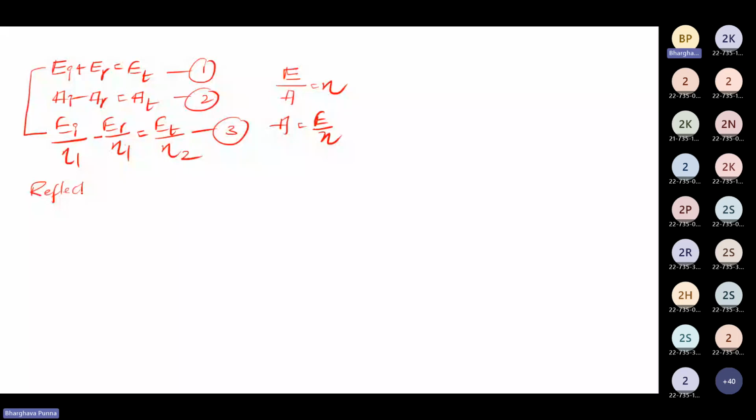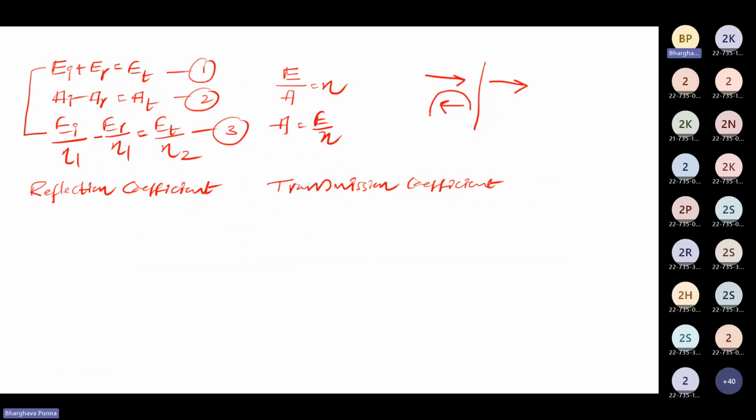As I said earlier, when a wave meets a boundary, because of the impedance mismatch, only a certain portion will go into medium 2, and the remaining will be reflected back. How much portion is reflected back and how much is transmitted into medium 2 with respect to the incident wave, we have to talk about. It is reflected, it is transmitted.